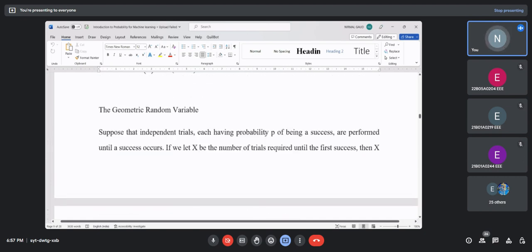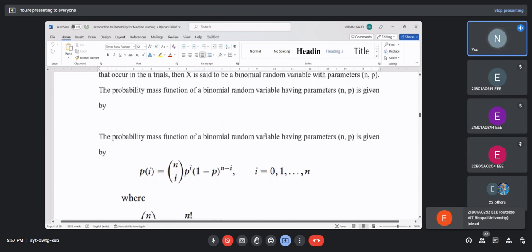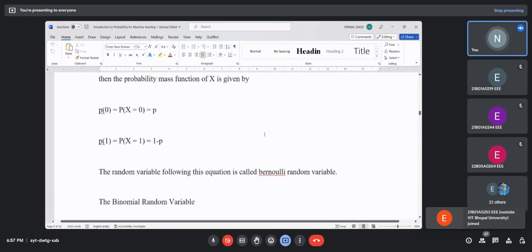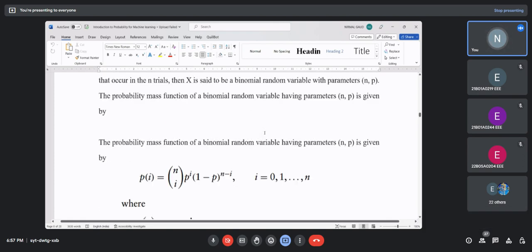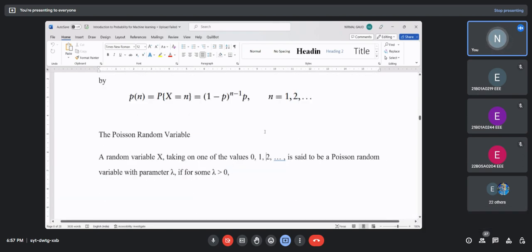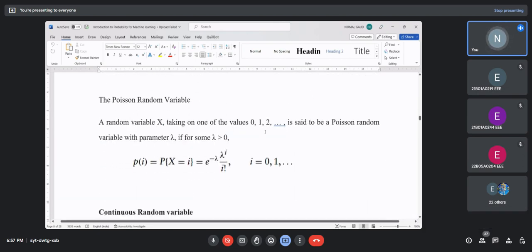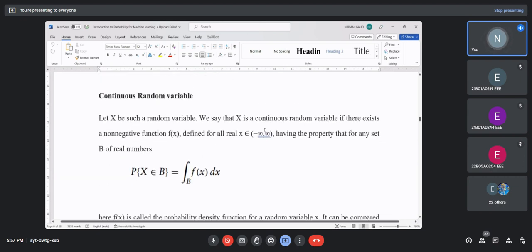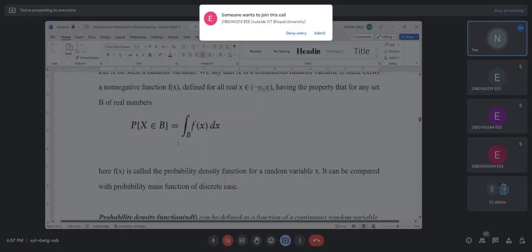I was just talking about success and failure, whether I took binomial, Bernoulli, geometric, or Poisson distribution. I was talking about discrete values. But here I am talking about a continuous random variable, something which can take any value between the limits. So I need to perform the integration here.